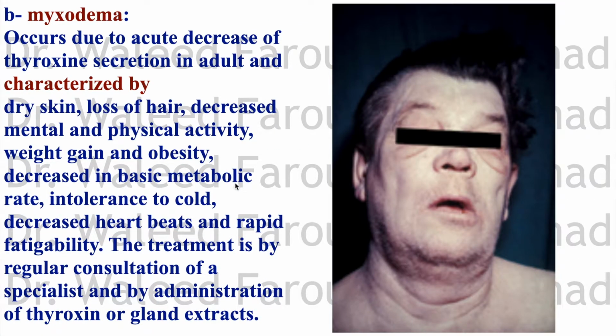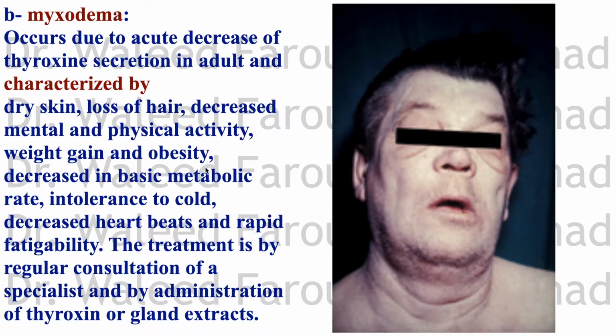In adulthood, a decrease in the thyroxine causes myxedema. So normal growth was developed, but later on in adulthood, thyroid hormone was decreased.